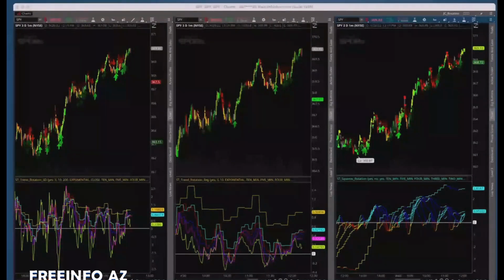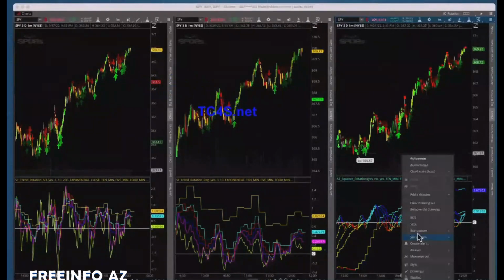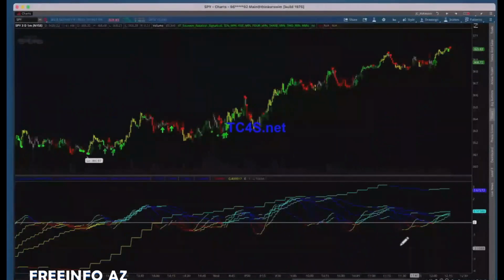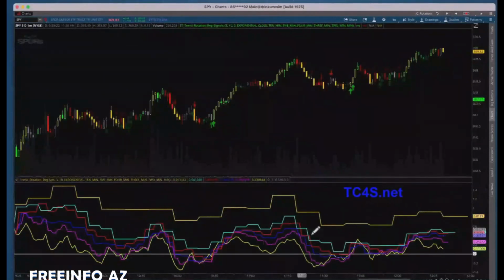RRR Nelson asks, can I provide another basic explanation of the squeeze rotation oscillator? So again, the squeeze rotation is using our beloved TTM squeeze histogram, and that's what you're looking at here. When we look at this chart, this is actually the TTM squeeze histogram across 6 time frames. So when we go over here to trend rotation, now we're looking at a different oscillator.